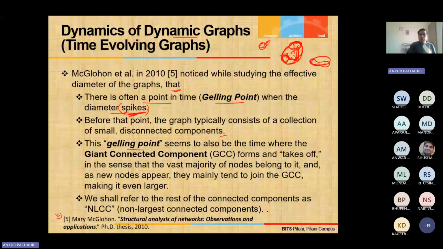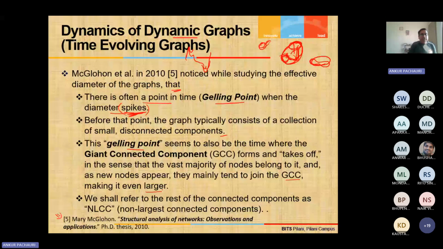Earlier, because of those small components, the diameter might be smaller. Now it is a bigger component with a higher diameter, and then slowly that diameter comes down. That's why there were spikes, both at the top and at the bottom. After that, a new node that appears mainly tends to join that giant connected component, making it even larger.